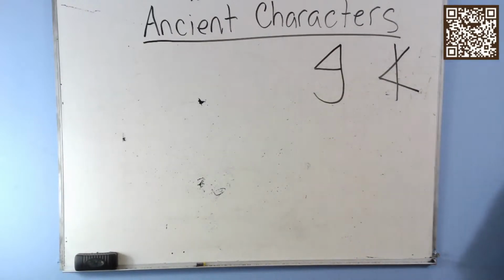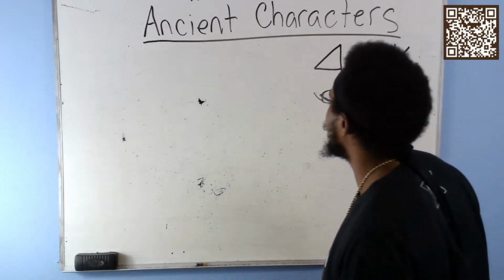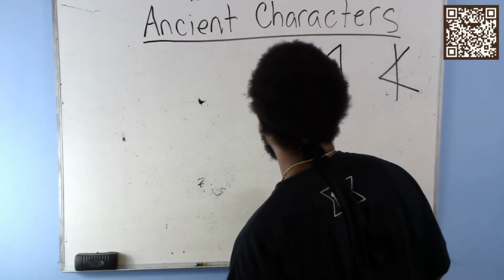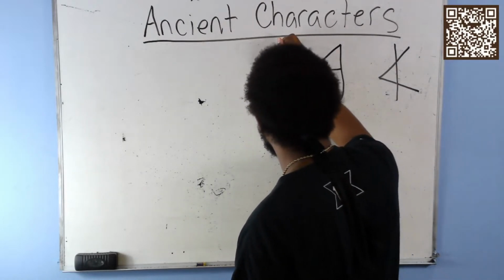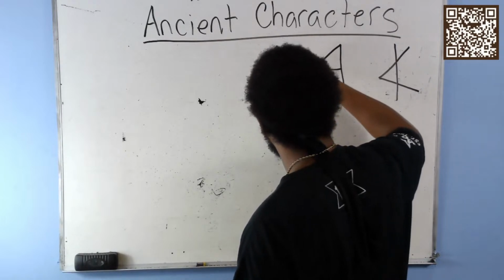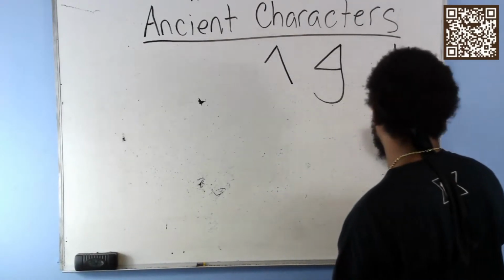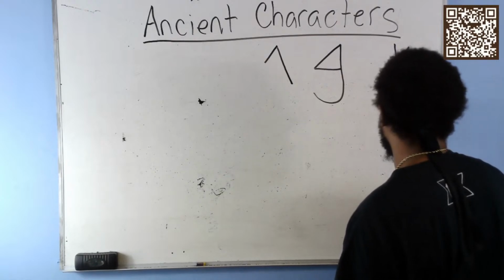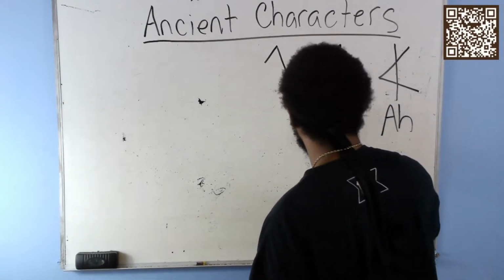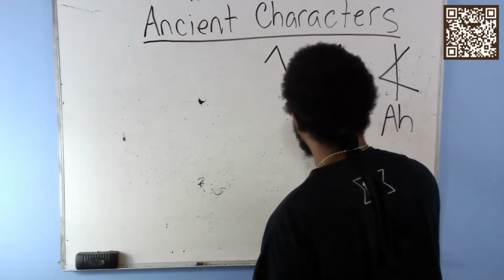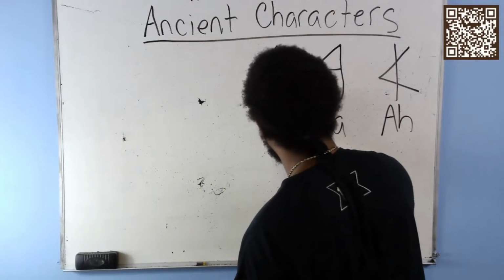That's the character Ba. Now we're going to go to Ga. I'm going to put them underneath the pronunciation. A, Ba, Ga.